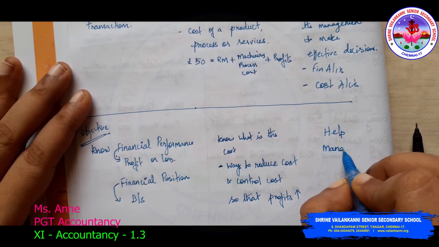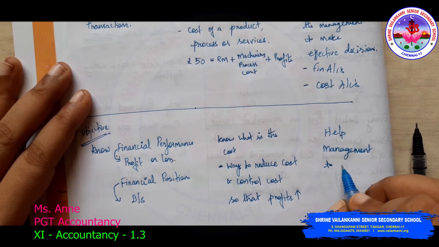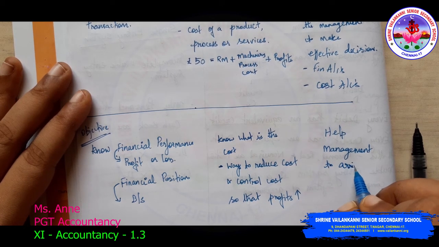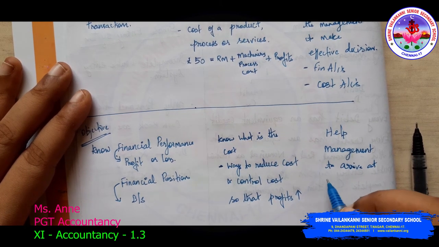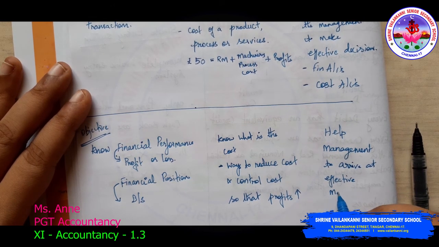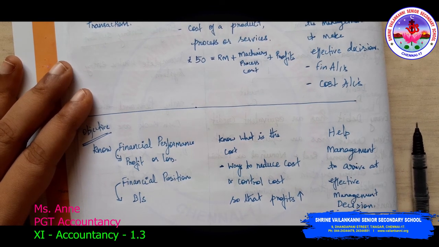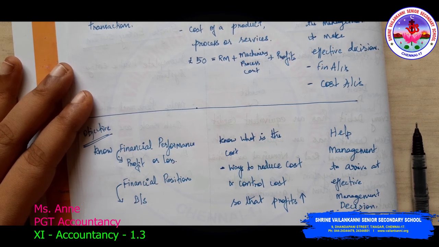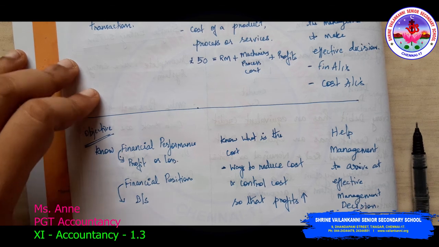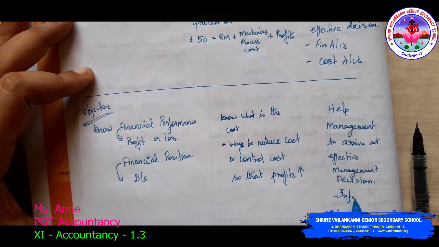Now, the main objective of management accounts is to help management arrive at effective management decisions. For taking effective management decisions, you may require some important data or information.